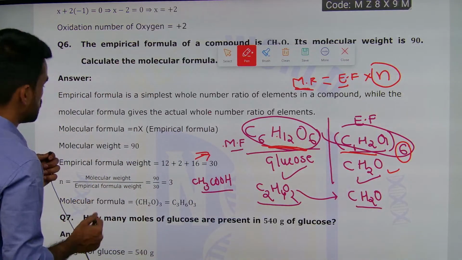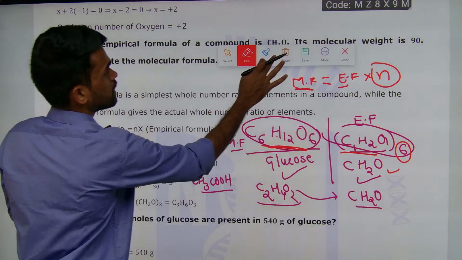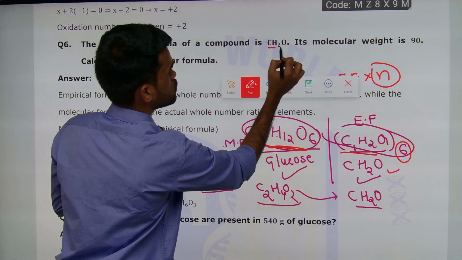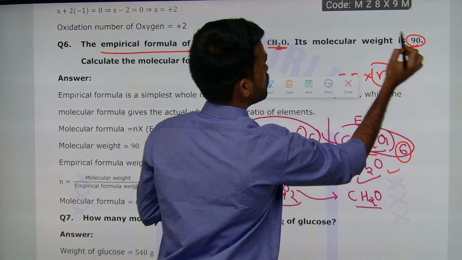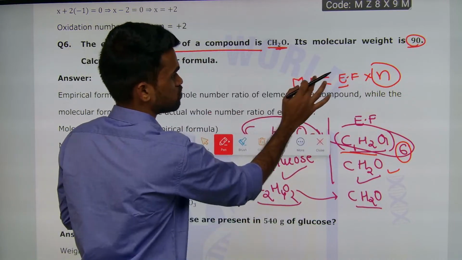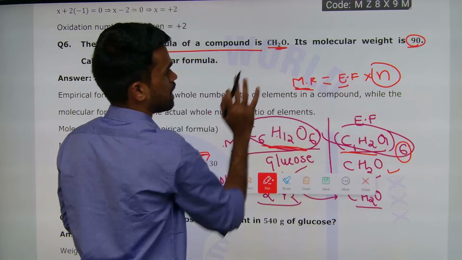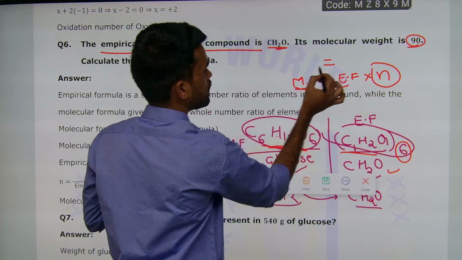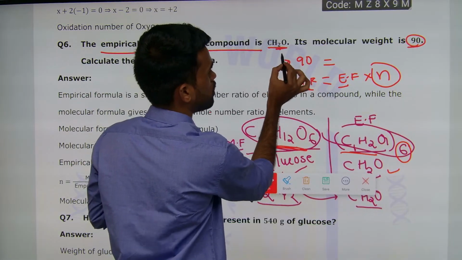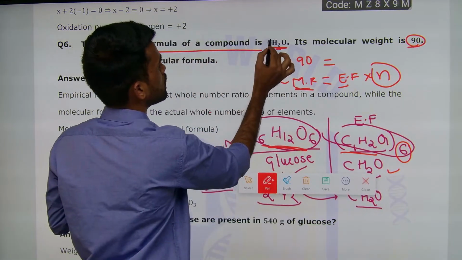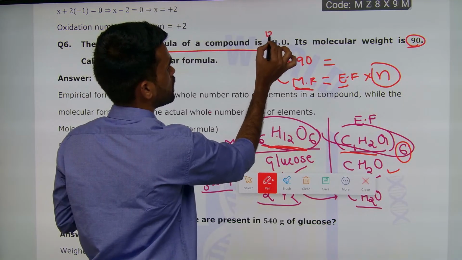Okay, so that's it. So what they are saying, CH2O is the empirical formula of the compound, whereas the molecular weight is 90. Now using this small relation you can calculate this. See, the molecular formula weight is 90, whereas the empirical formula weight we need to find. See, 12 carbon means how much is its weight? 12.